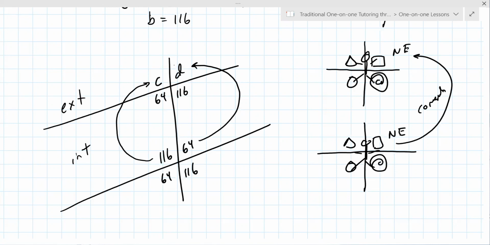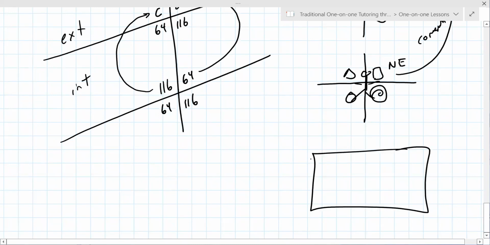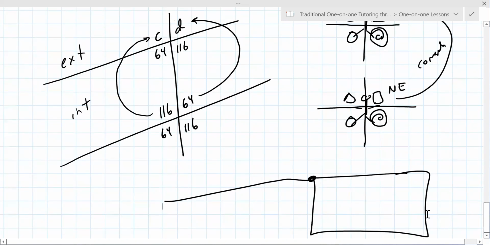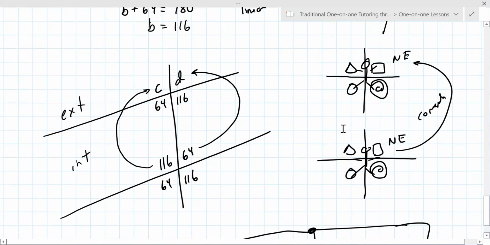Imagine I'm talking to you, but you can't see my screen, and I say, grab this rectangular piece of material, go to the top left corner, and attach a thing to it. It's all relative. You have to know that top left is really the top left. That's what corresponding is. Everything corresponds to the same thing, the same relative position.